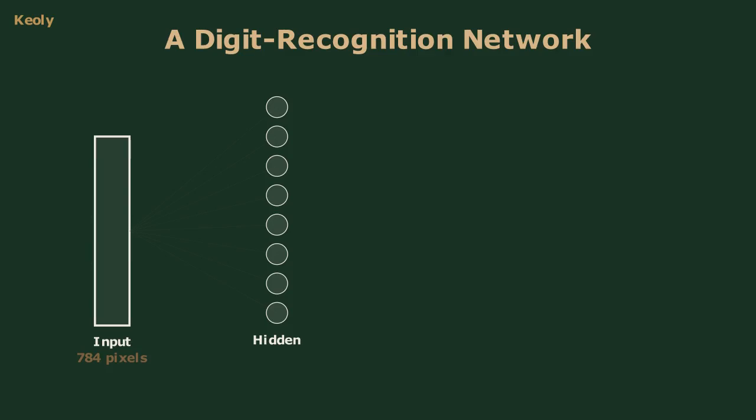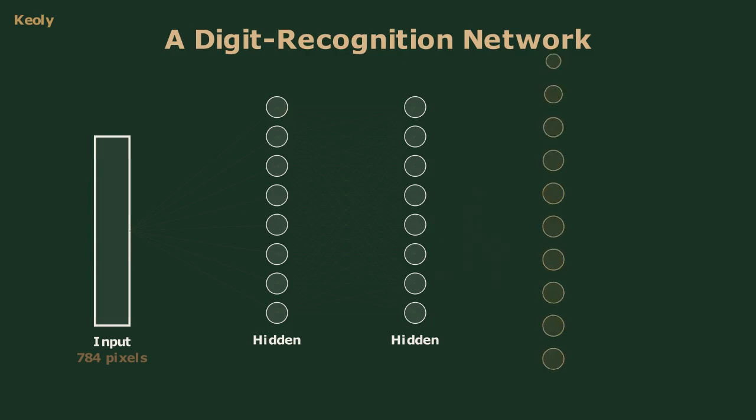In the middle, hidden layers. Each neuron receives numbers from every neuron before it, multiplies them by its weights, adds them up, and passes the result forward. On the right, the output layer. 10 neurons, one for each digit, 0 through 9. The brightest neuron at the end is the network's prediction.